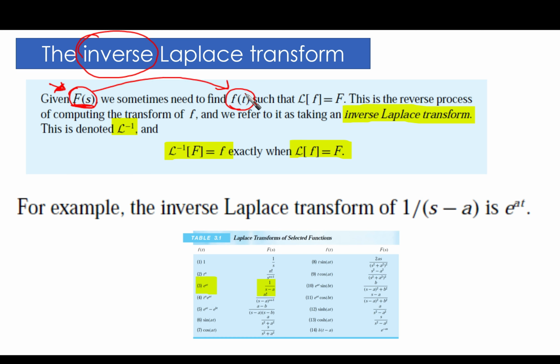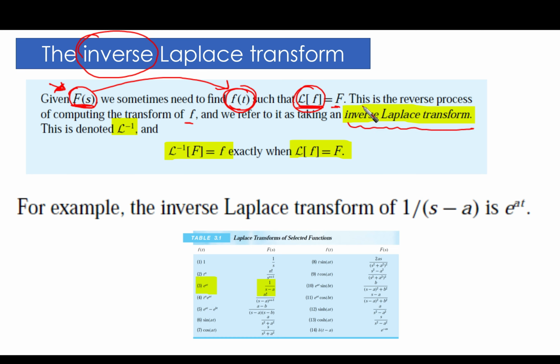The original function, which is lowercase f of t, such that L of f, the Laplace transform of the original function, is F. This is what we call the reverse process of computing the transform of f, and we refer to it as taking the inverse Laplace transform.